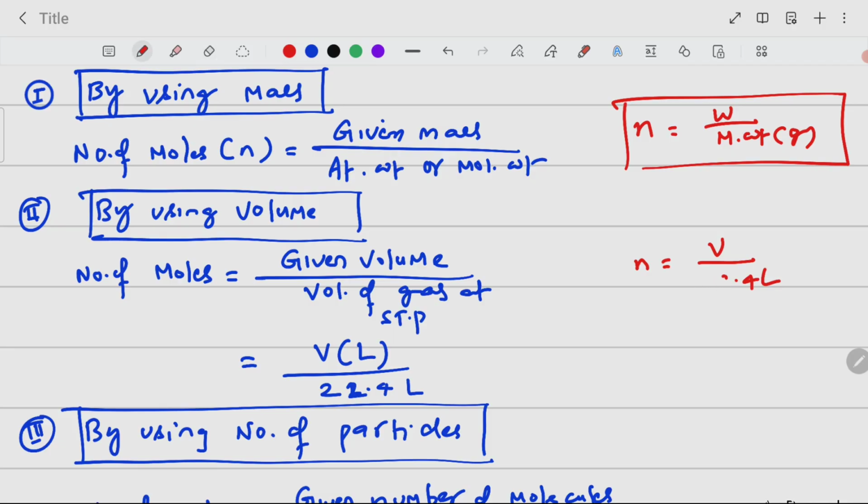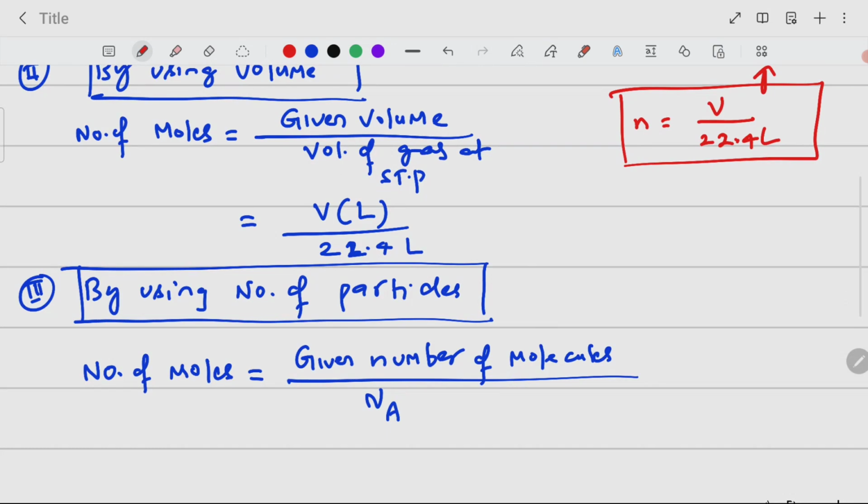This formula we consider only at STP. STP and NTP we take as synonyms, so both we consider the same. Here the volume is in liters. Third formula, if number of particles information is given: number of moles is equal to given number by Avogadro's number.